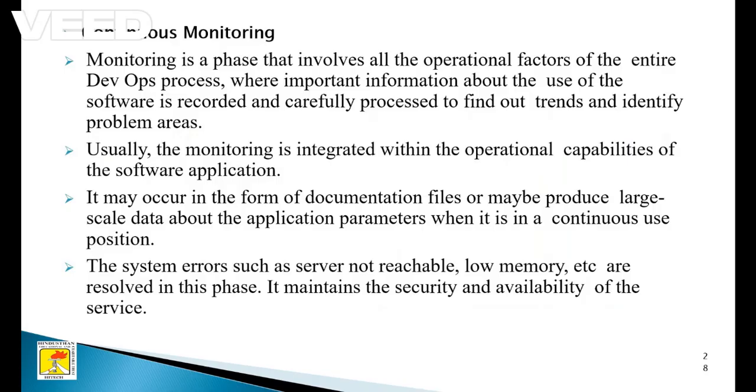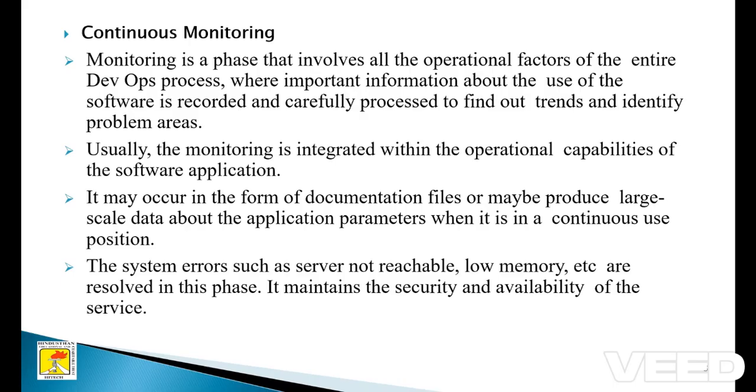Next, it does the continuous monitoring process. Continuous monitoring is a phase that involves all the operational factors in the entire DevOps process, where important information about the use of the software is recorded and carefully processed to find trends and identify problem areas wherever they are present.